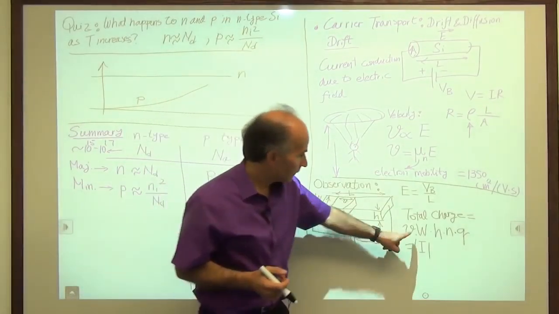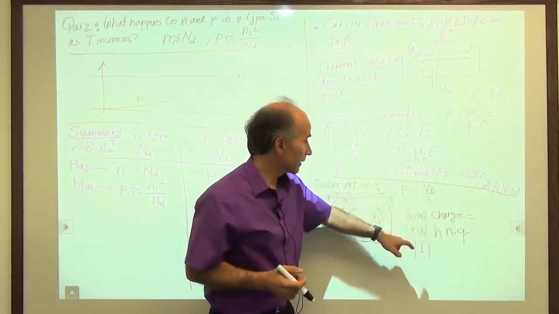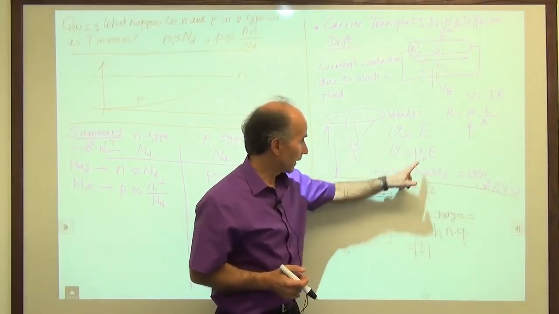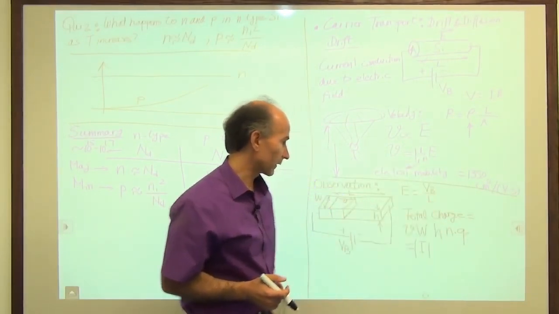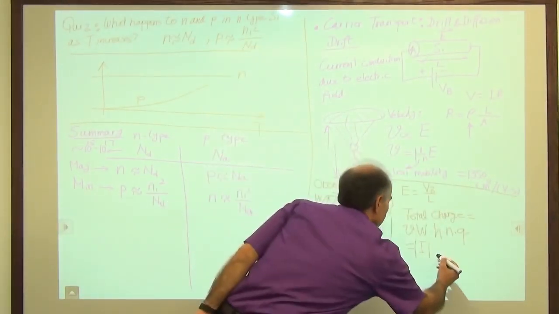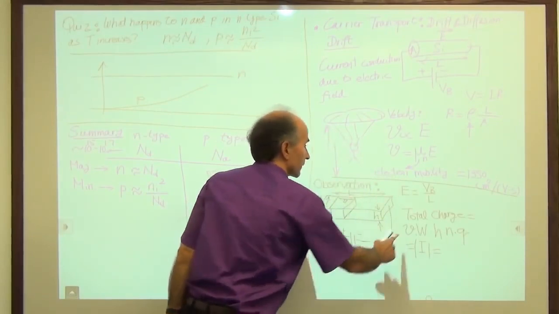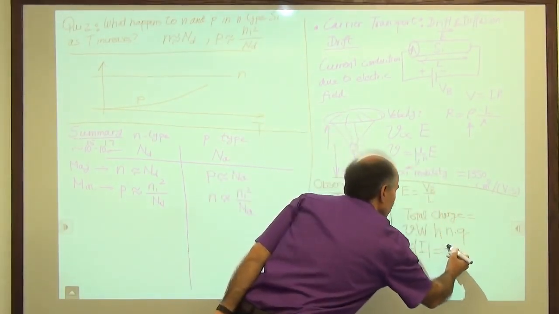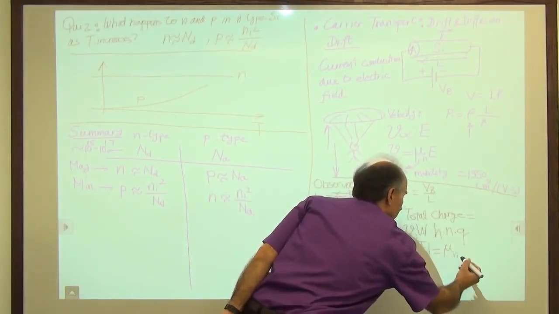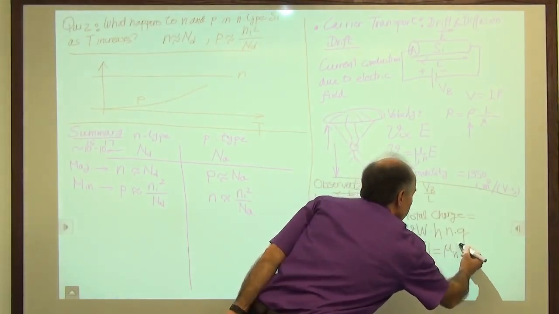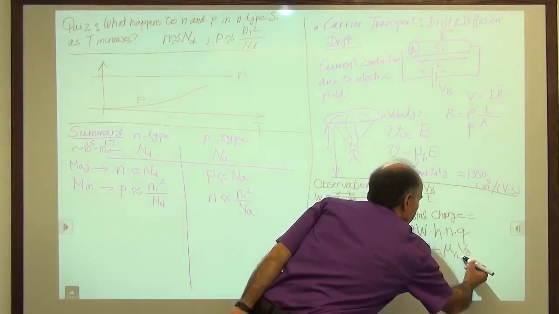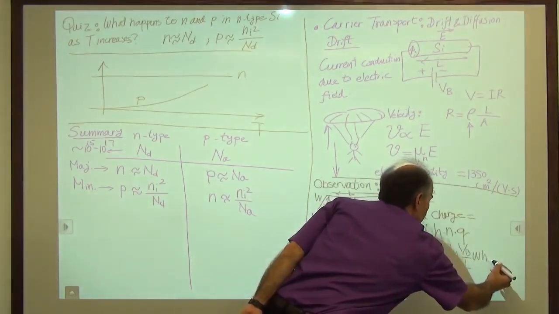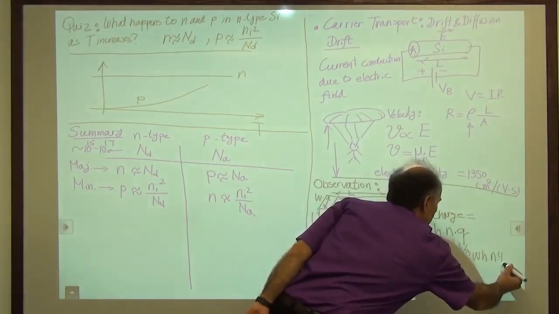Now v is given by mobility times electric field, and electric field is given by voltage over length. So we can say that the current is equal to, instead of v I will write mu E, instead of E I will write V_B over L. So I have mu of electrons times V_B over L times W times H times n times q.